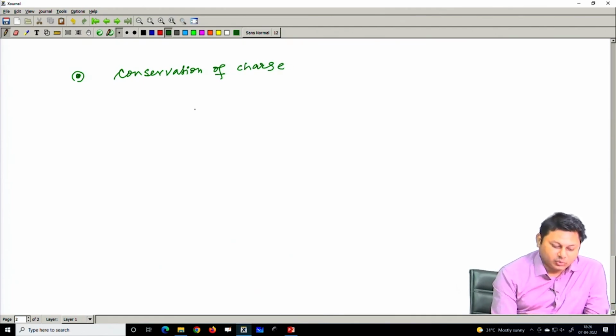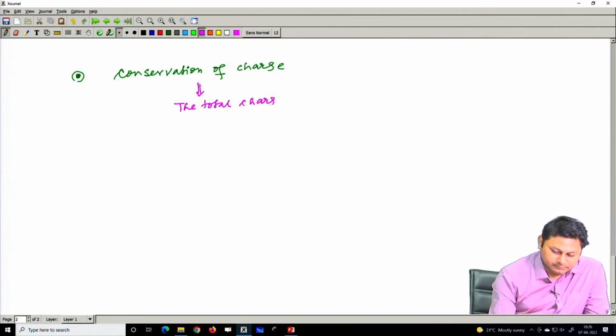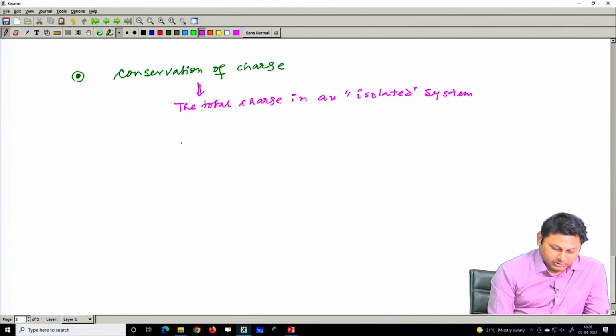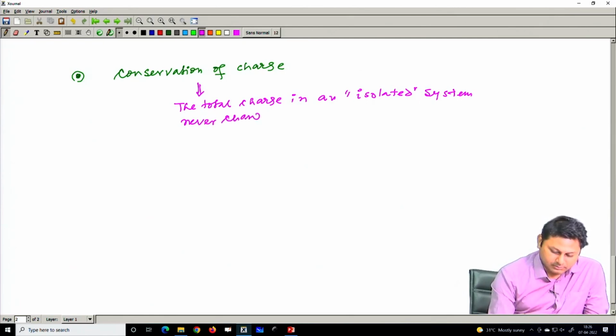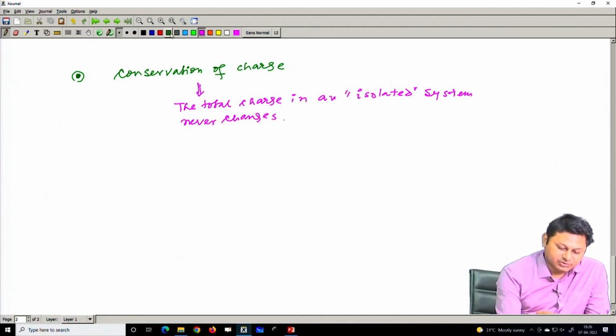Conservation of charge means the total charge in an isolated system never changes. Whatever the charge is there, it should remain.